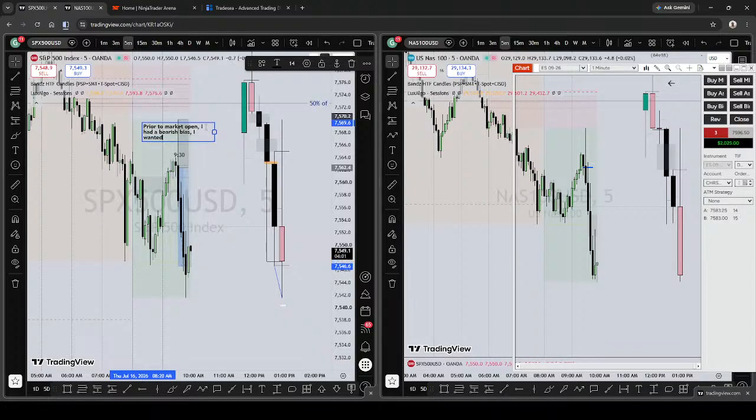I wanted to see a pump at open before the dump. I was looking at 50% of the London session or old 15 minute highs.